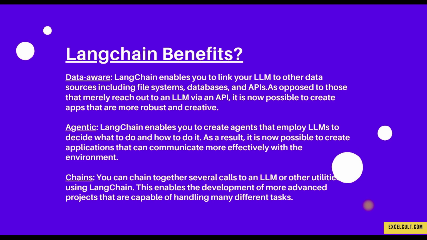And then comes agentic. What do you get in mind when we say agent? Agents are something which will help you achieve something, right? So LangChain enables you to create agents that will use the LLMs to decide what to do and how to do it. Because of this communication and this intelligence, it will be able to create an environment which will help you achieve your task.